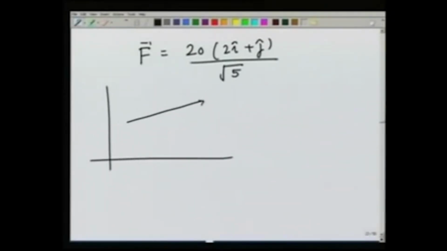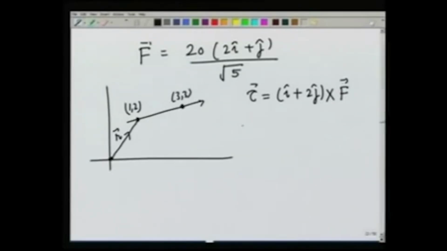It is being applied along the line which is passing through 1, 2 and 3, 3. Let us calculate the torque about the origin by first taking R from 0 to 1, 2. So, this vector is going to be i plus 2j, and we are crossing it with F, which is the determinant with i, j, k, then 1, 2, 0.